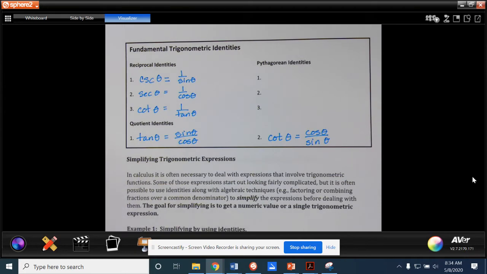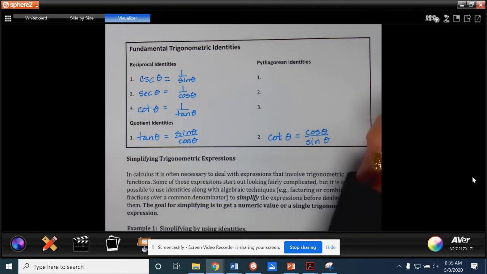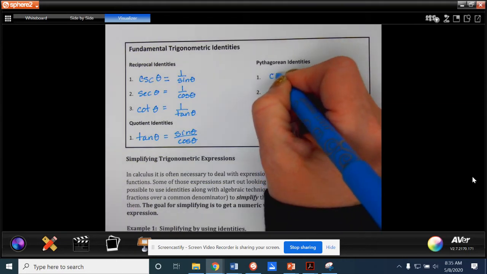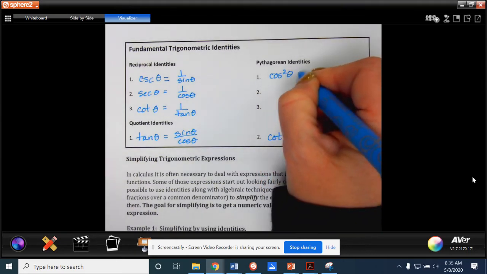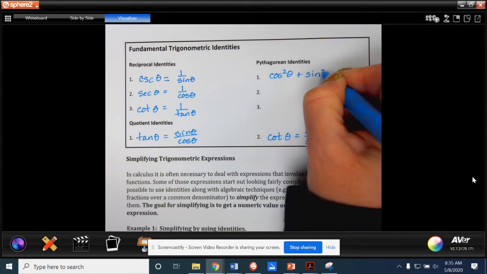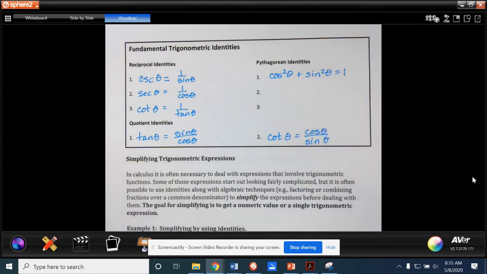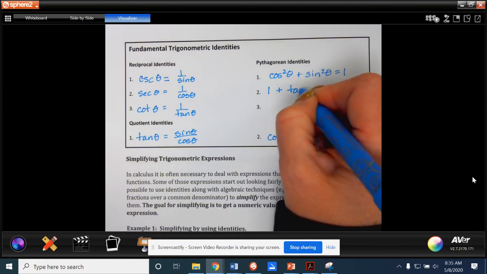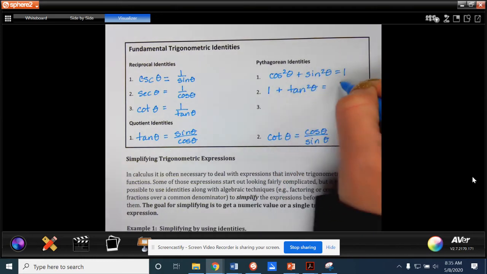Those are the fun ones where we have like the unit circle, and we have cosine squared theta plus sine squared theta equals 1. We had 1 plus tangent squared theta equals secant squared theta.